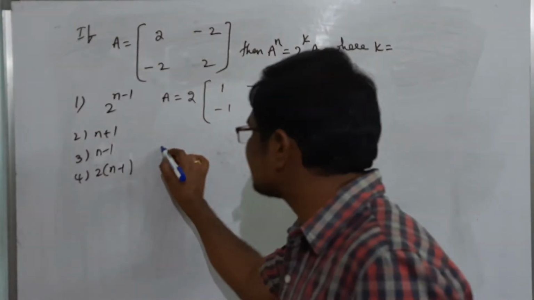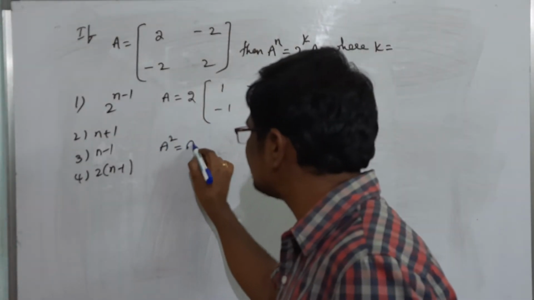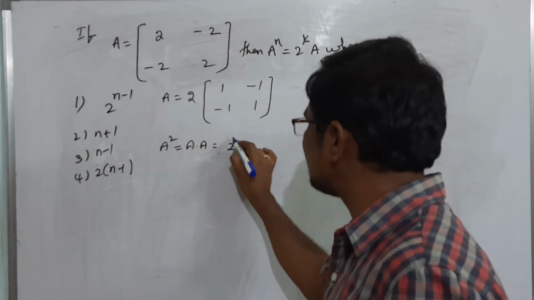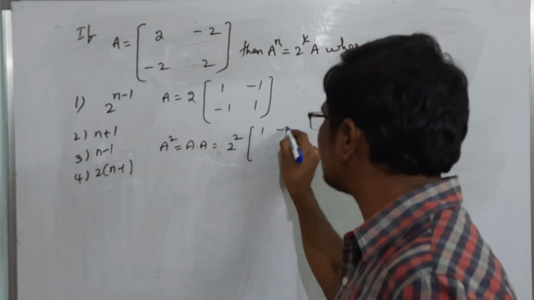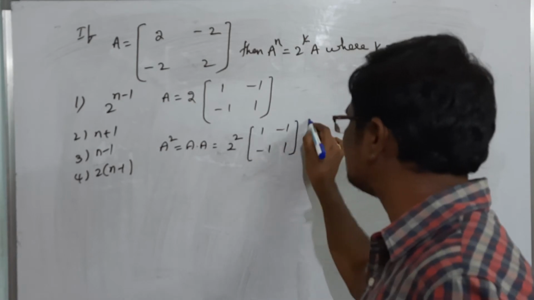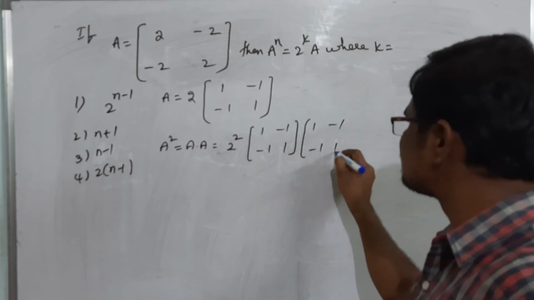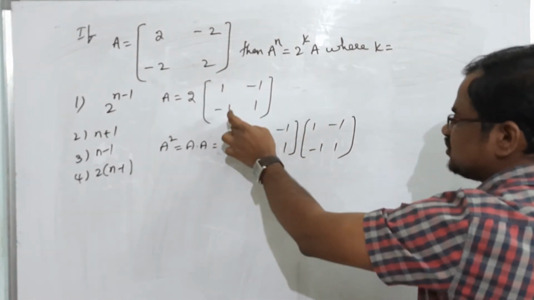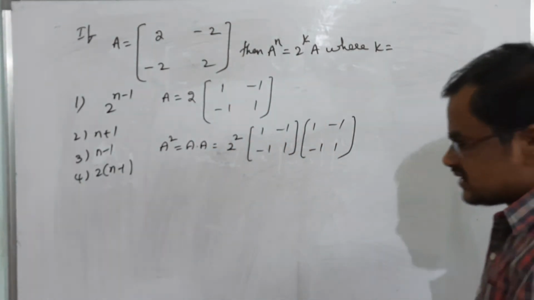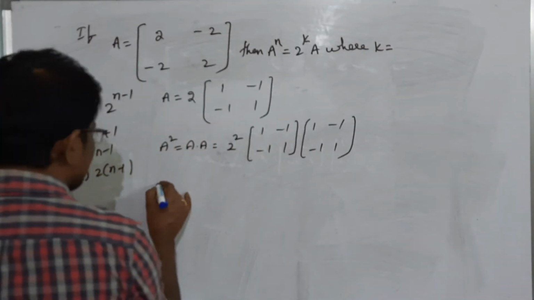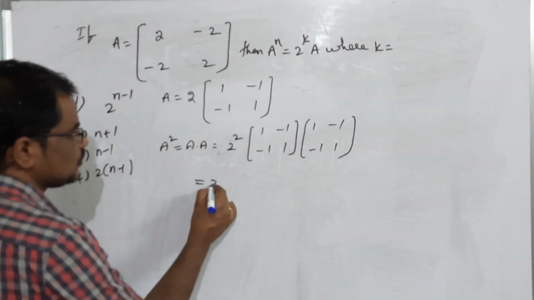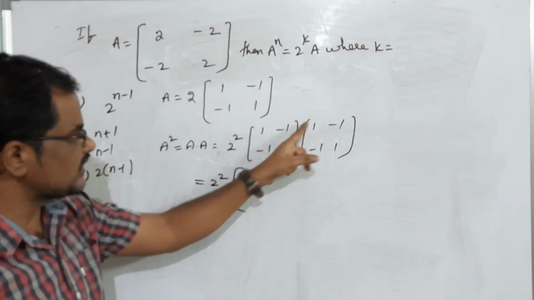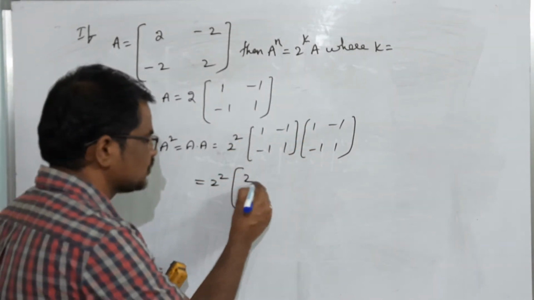Now if you take A square, A into A equals this one into again this one, so you will get 2 square into [1, -1; -1, 1] into [1, -1; -1, 1]. So again if you multiply, that is equal to 2 square into, first row with first column: 1 plus 1, you will get 2.